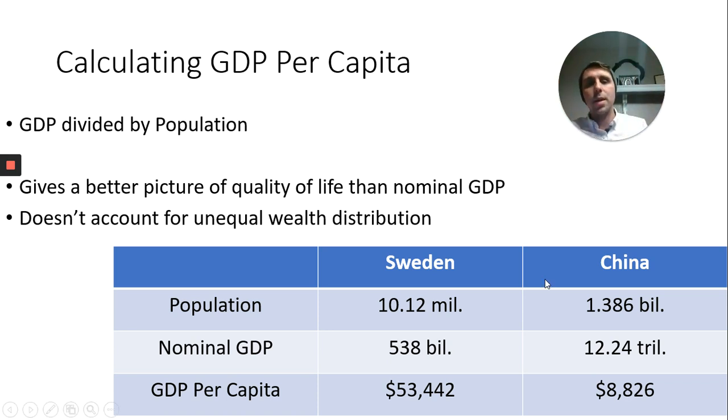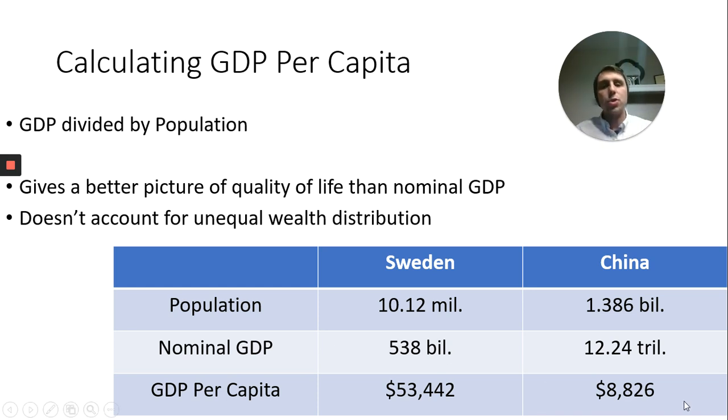So let's look at an example here. We have Sweden and we have China. China has a nominal GDP of 12.2 trillion US dollars a year. And Sweden has a nominal GDP of 500 and change billion dollars a year.